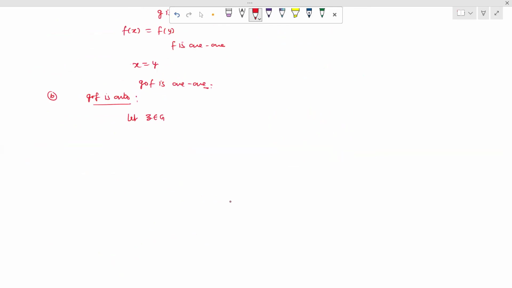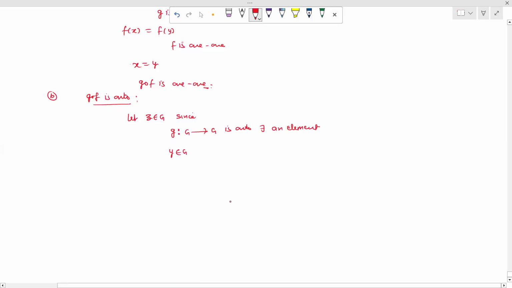Since G is a function from G to G which is onto, there exists an element Y which also belongs to G such that G of Y is equal to Z. Now F from G to G is onto, which is already given in the statement.